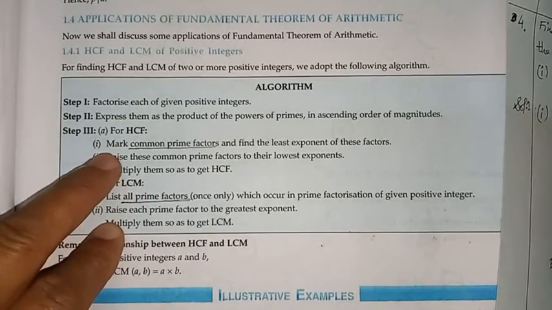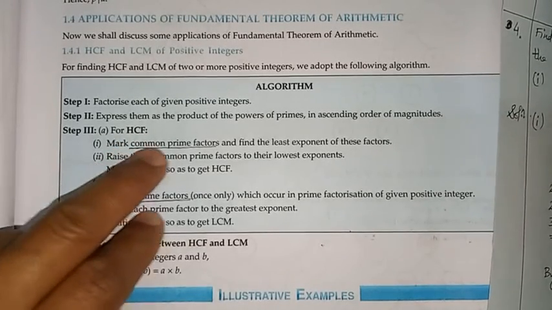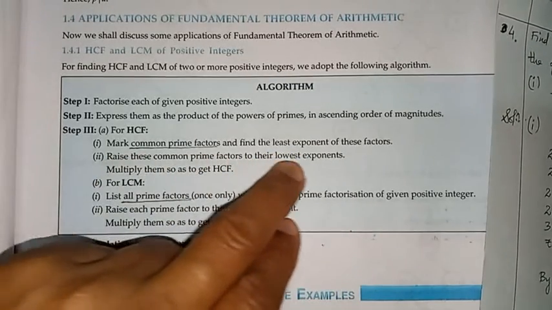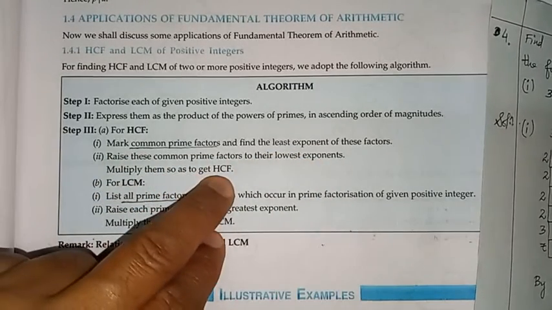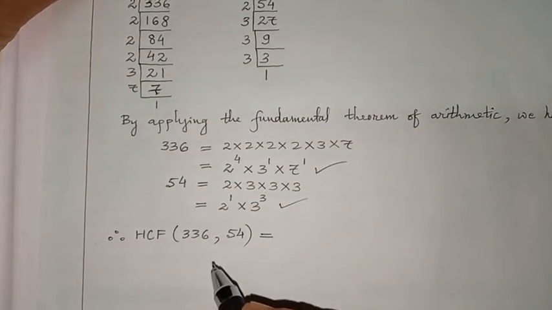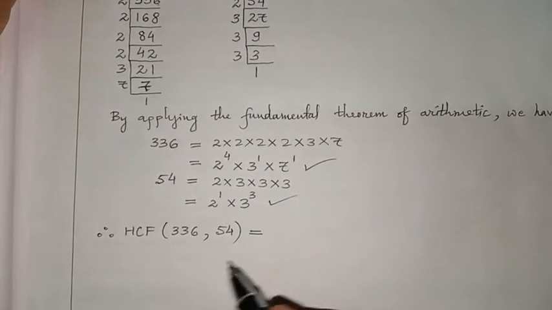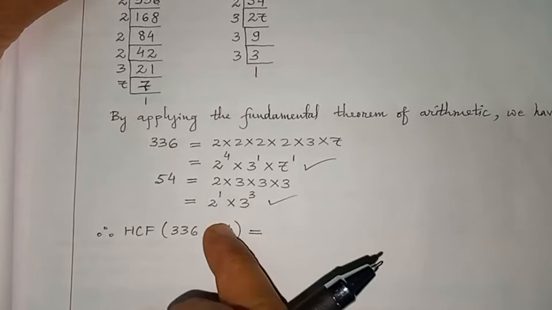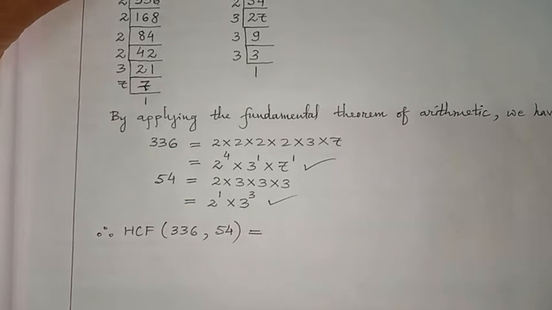They've clearly mentioned that you only mark the common prime factors and find the least exponent, then raise to the lowest exponent and multiply them so as to get the HCF. In simple words, first of all you see only the common prime factors and mark them. That prime factor should be present in both the numbers. If it's present in one number but not in the other, don't take it.